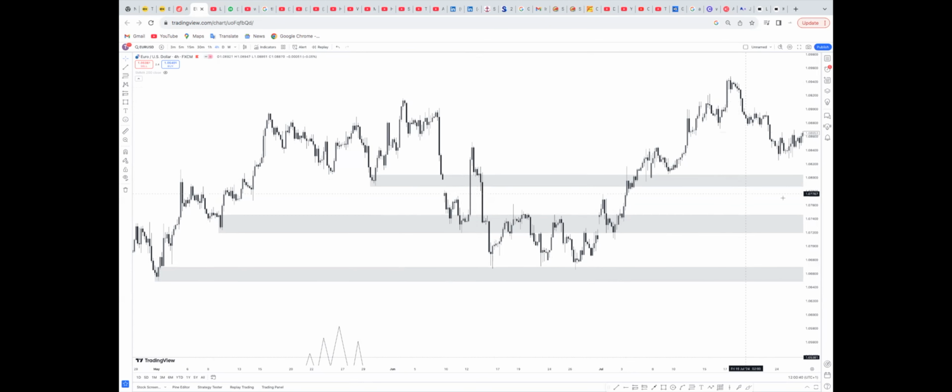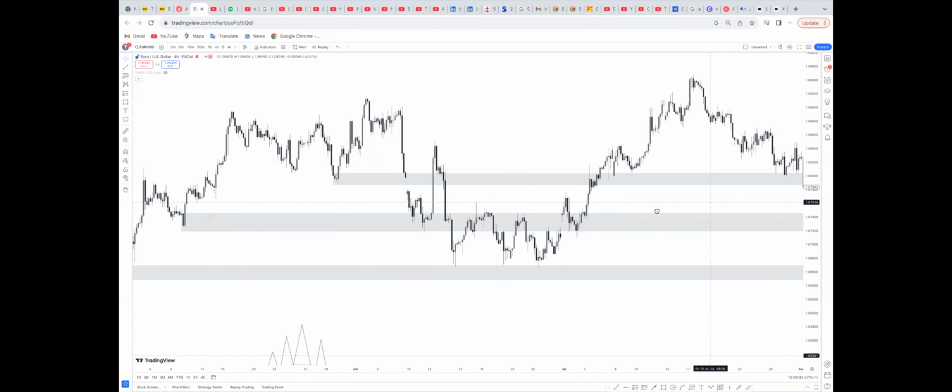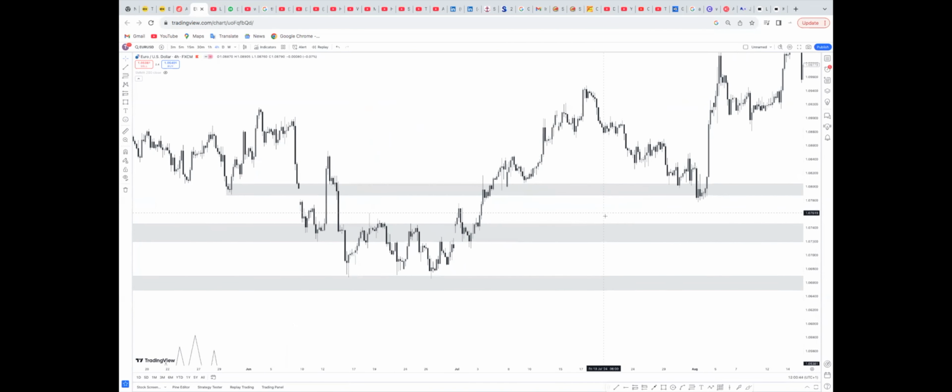So if you can mark out your support and resistance zone at every point in time, you basically work it out. So now this was a support zone, the market broke here, but then still came back here and respected it again.